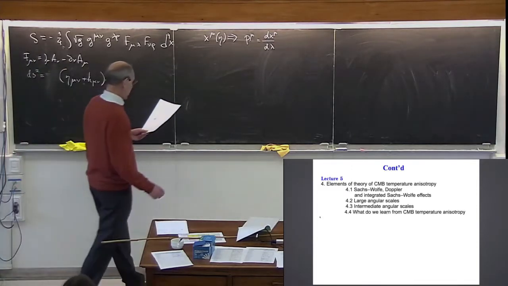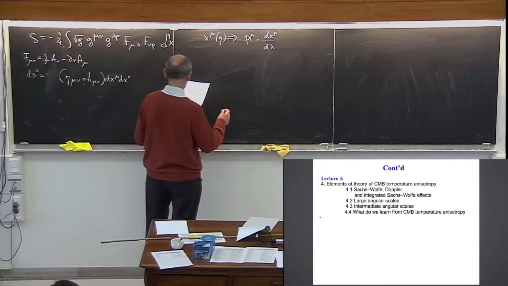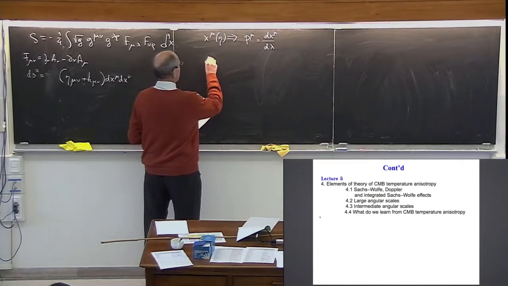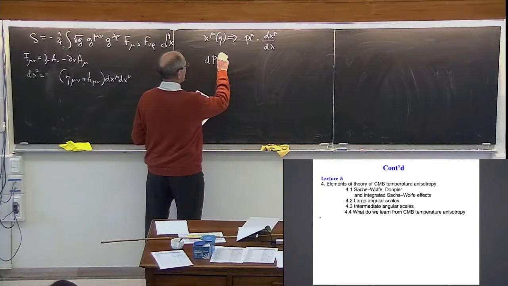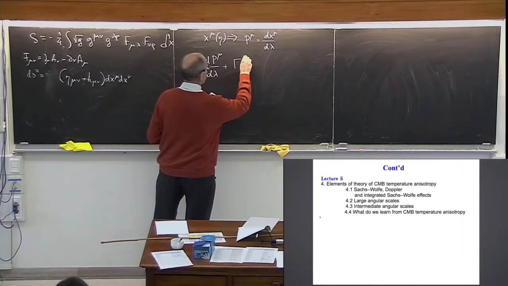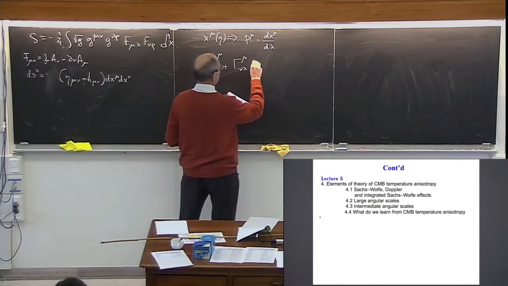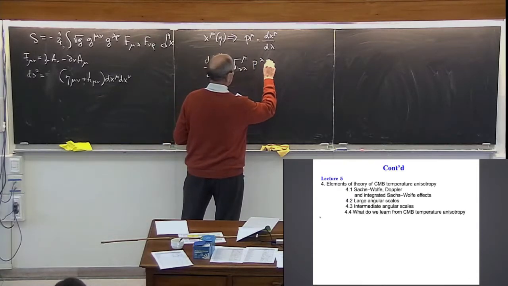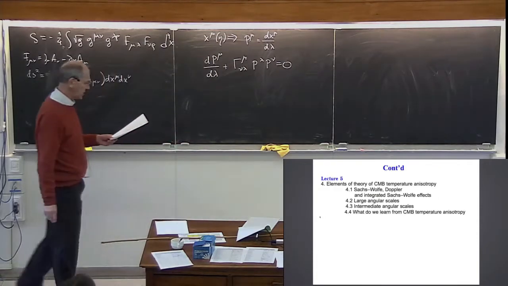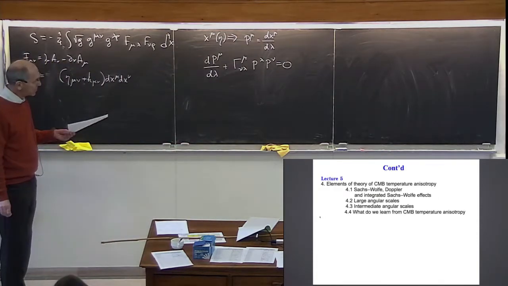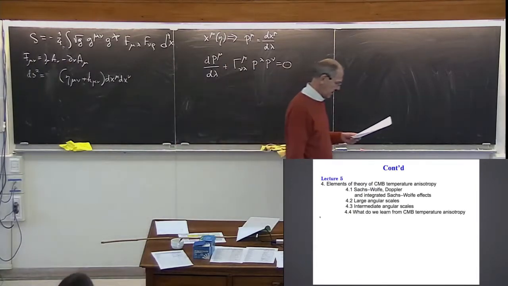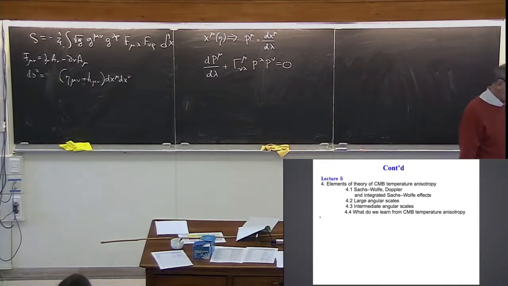Now, as anybody else, the photon obeys the geodesic equation, which in general has this form: dp^μ/dλ plus Γ^μ_{λν} p^λ p^ν equals 0. That's the general equation for a photon, plus you need the fact that this is a null geodesic with ds² equal to 0.